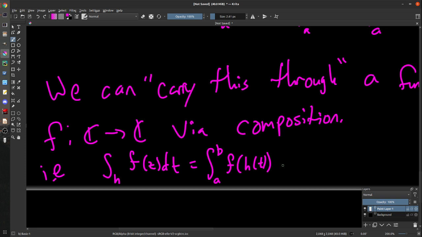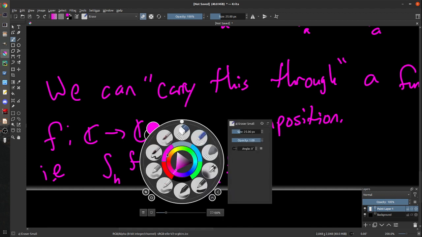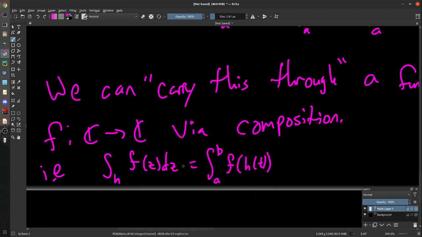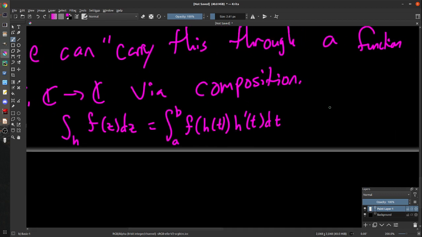I wrote a t over here when I should have written a z. I'm so sorry. The idea is that we're replacing our z with this h, doing a change of variables so that we'll end up over here with h prime of t dt.